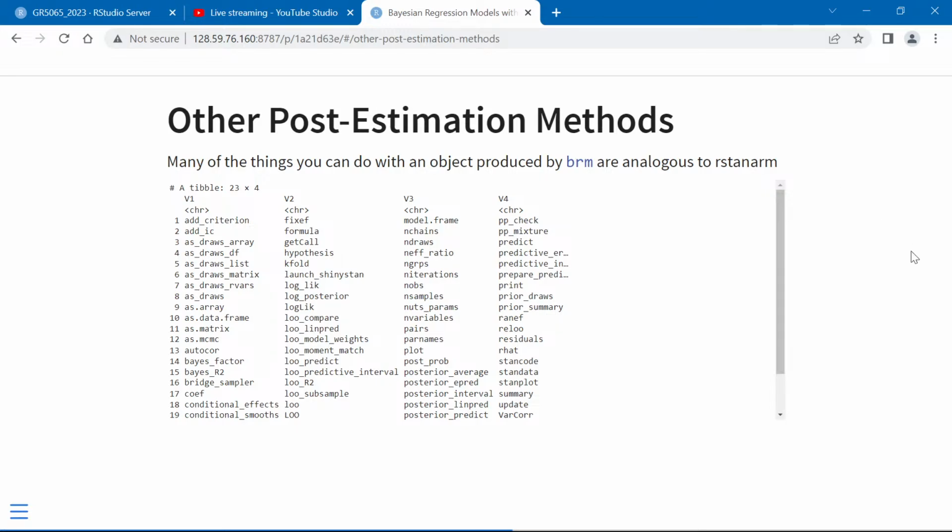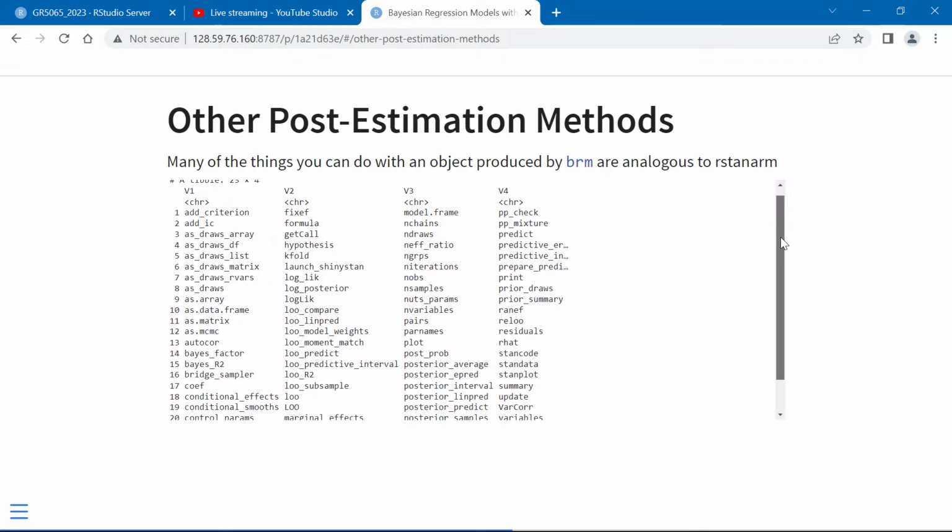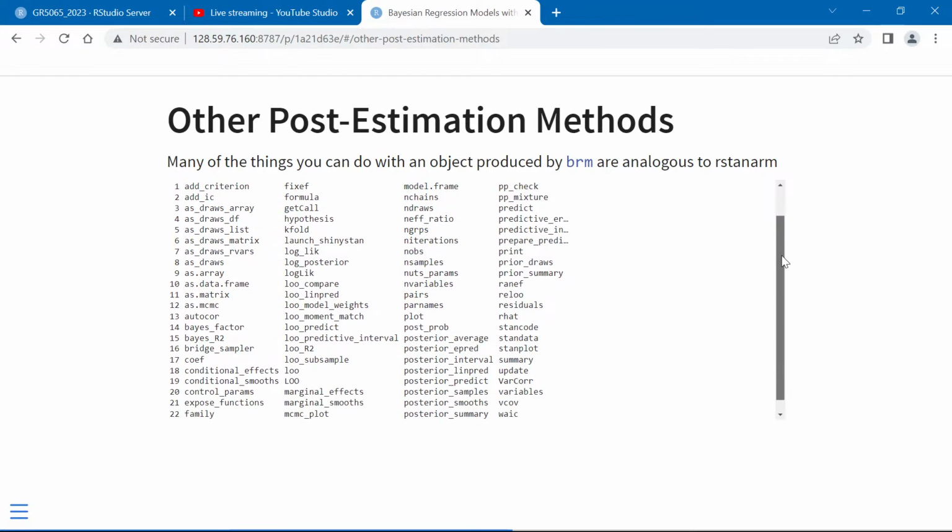Anyway, many of the things that you can do with the objects produced by brms are the same, or at least analogous to the things that you can do with stuff produced by rstanarm, in terms of as.array, as.data.frame, as.matrix, you know, other things, coef, loo, shinystan, as we saw before, posterior_epred, posterior_predict, all that stuff.